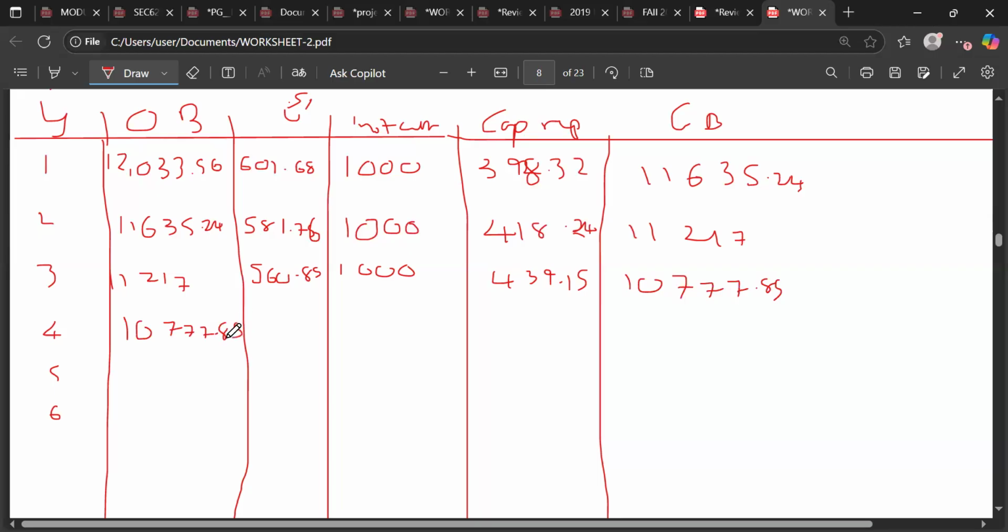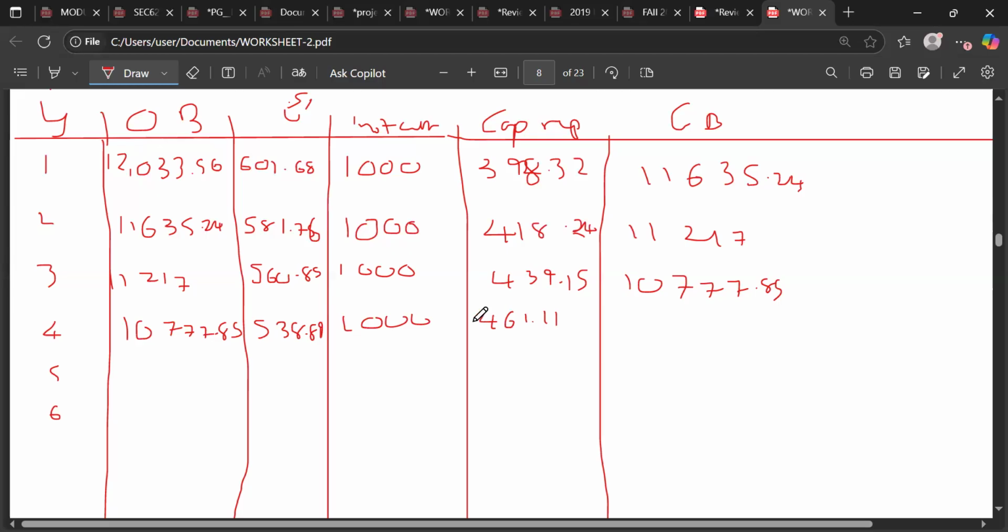10,777.85 times 5% now will give us 538.89, and 1,000 minus that gives 461.11.